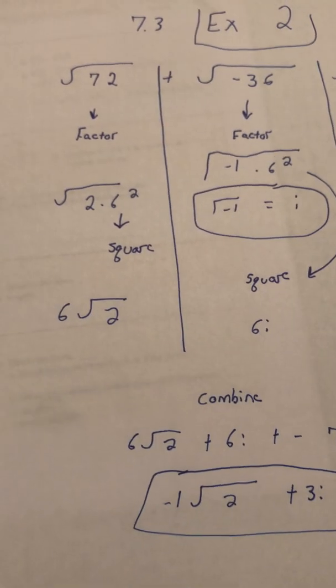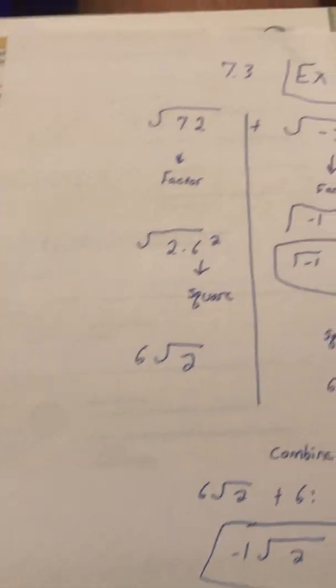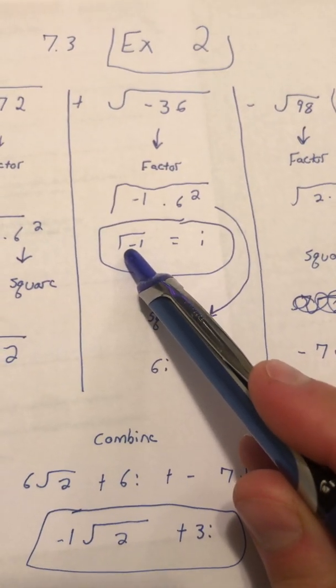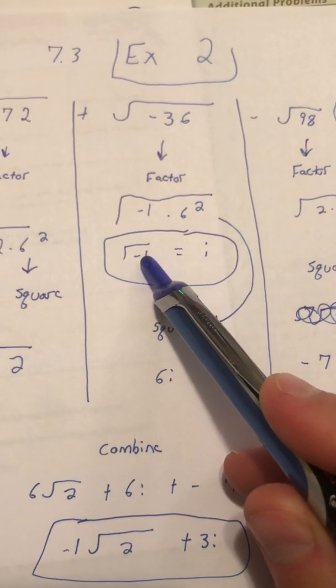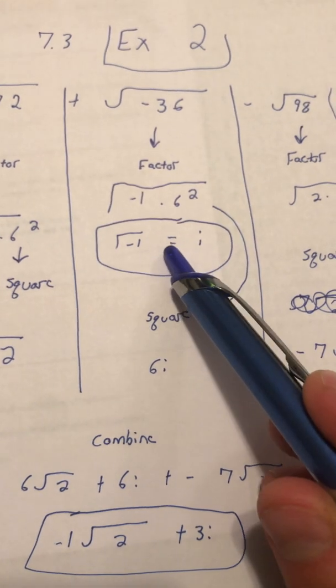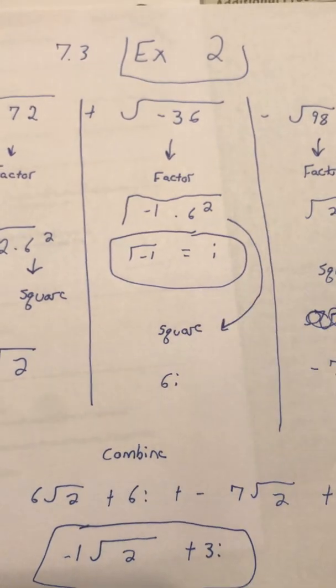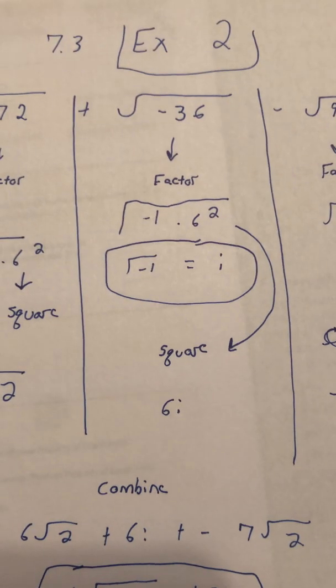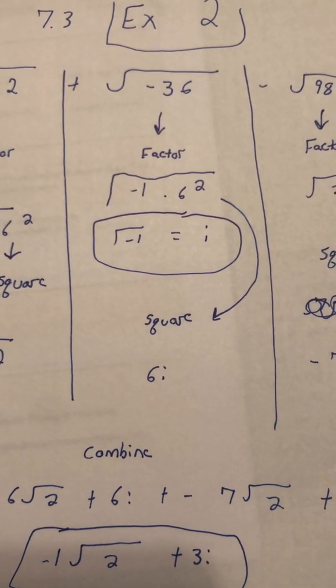One thing I do want to make sure you guys don't forget, like when I squared it over here, if you have a negative 1 inside your radical, remember, it's our imaginary, so it's i. All right. So we factor out 72.